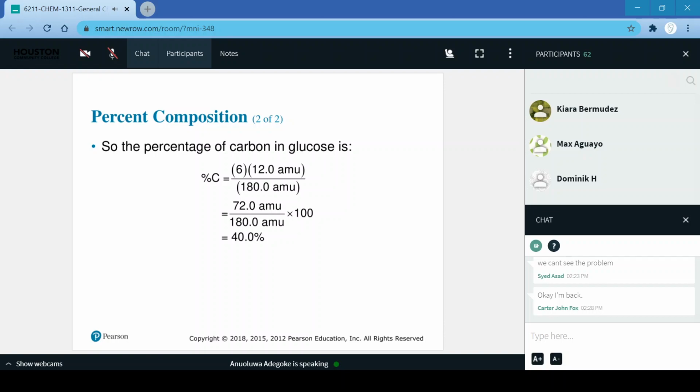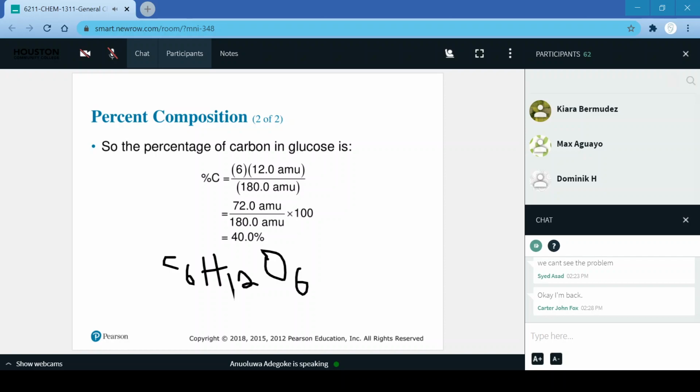The formula of glucose is C6H12O6. So 6 times 12 divided by the total mass of glucose is 40%.